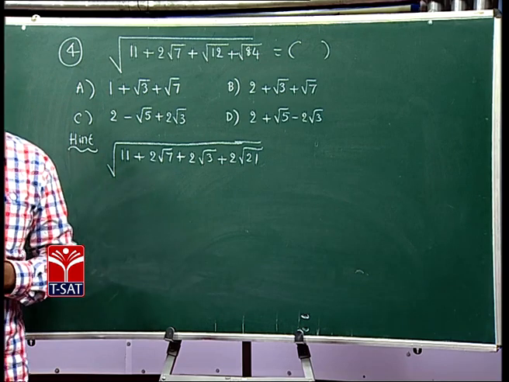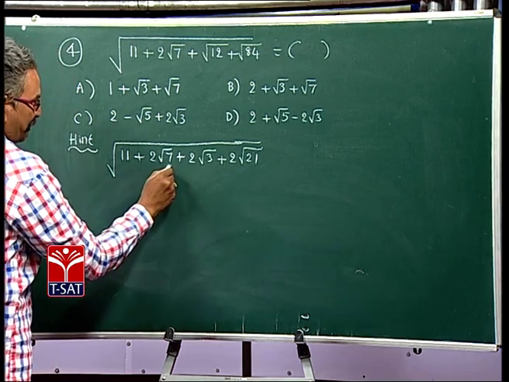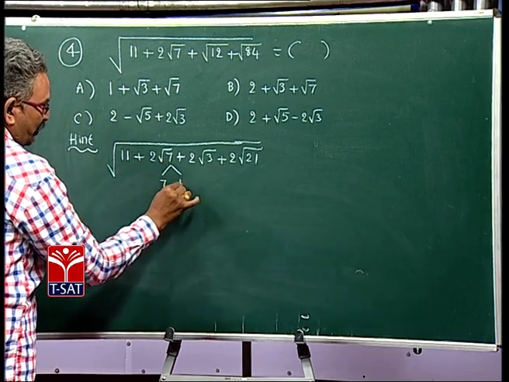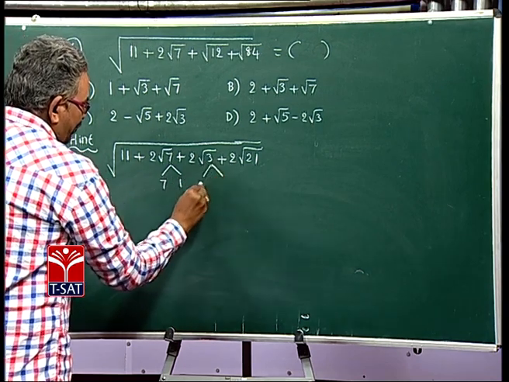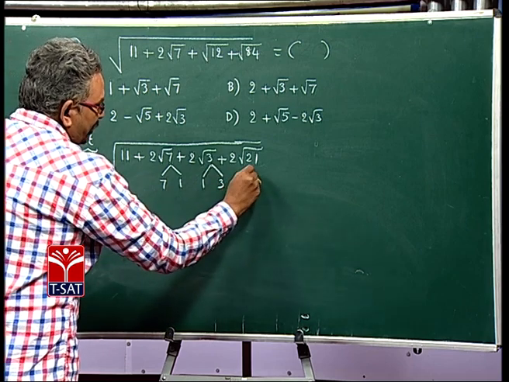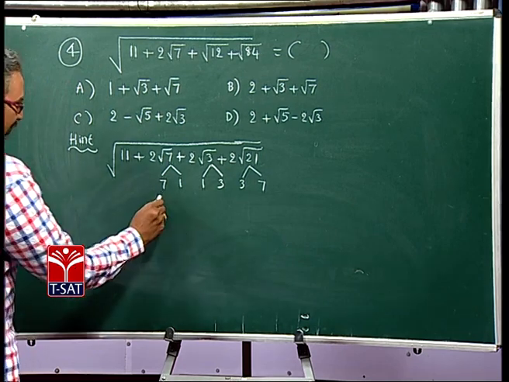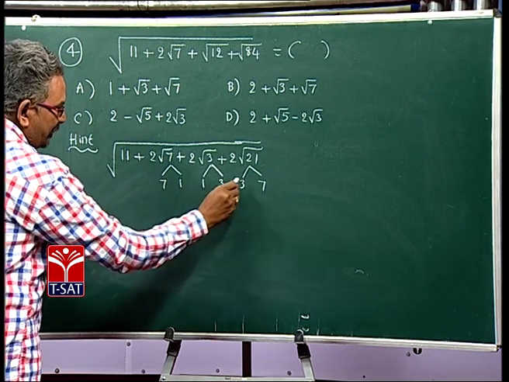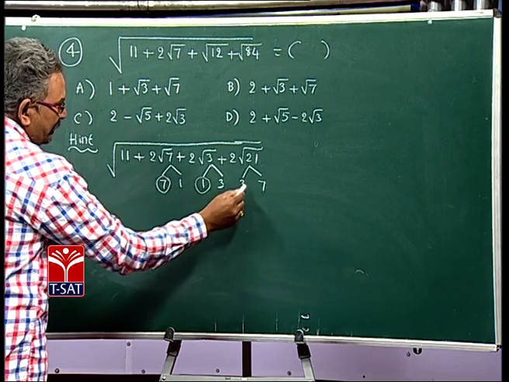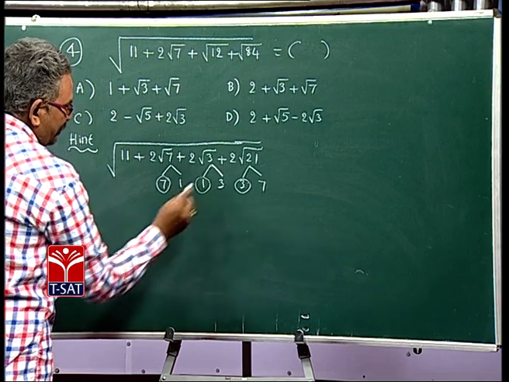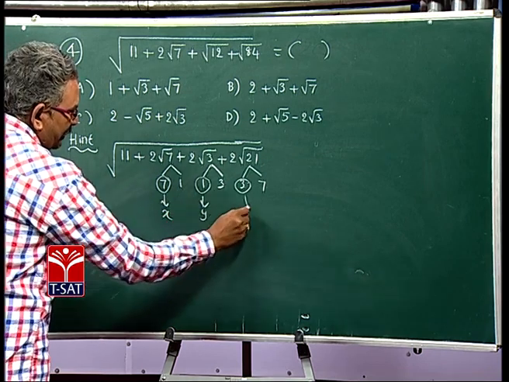Now I already told you, in the earlier concept, 7 is a prime number, its factors are 7 into 1 only. 3 is a prime number, its factors are 1 into 3. This we can write 3 into 7. See, you check, this is x, y, y, z, z, x. So x, y, z.